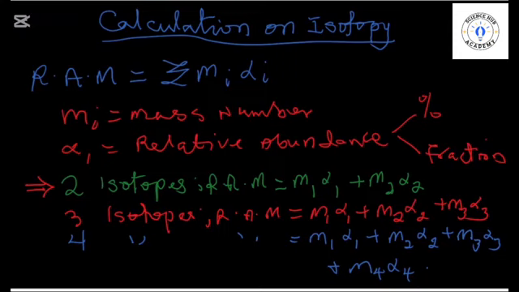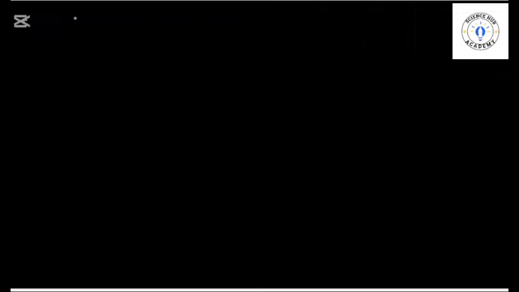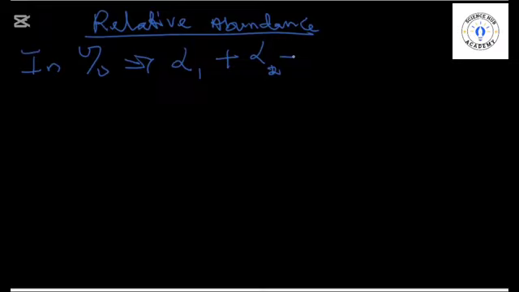Now note, sometimes the relative abundance can be given in percentage. In percentage, this implies that the summation of all the relative abundances must be equal to 100%.